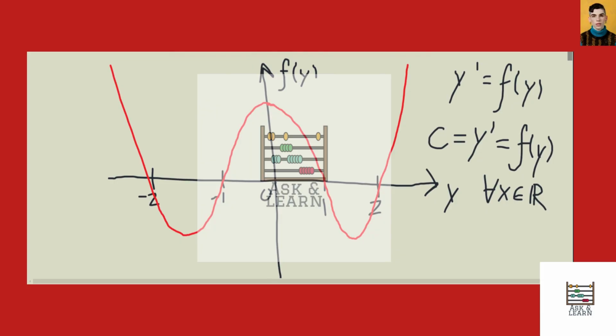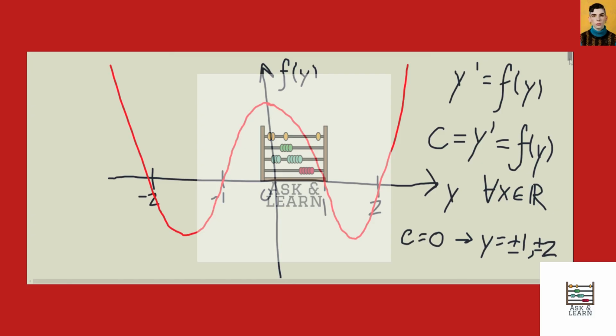Now we see that if c is, say, 0, we have that f of y is 0 at the points -2, 0, -1, 0, at x equals 1 and x equals 2.